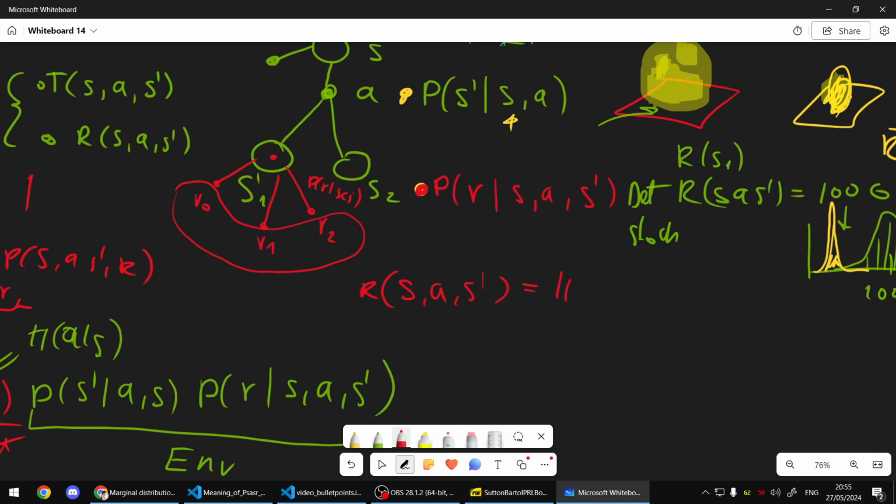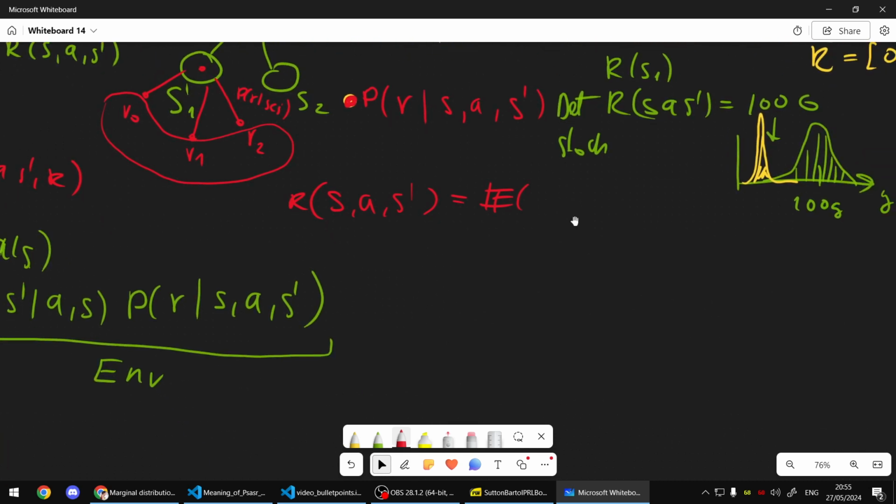We can define it as the expected value of, well, I don't know how to write it. Let's skip it. It will be a sum of our R's times the probability of getting R, and then we write all this conditioning.